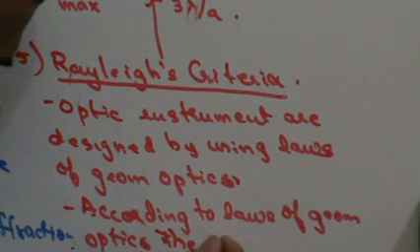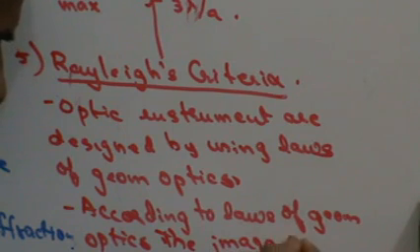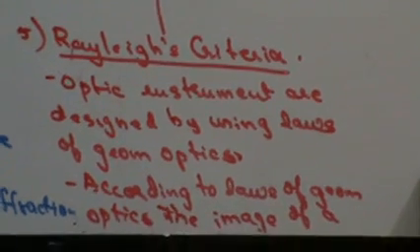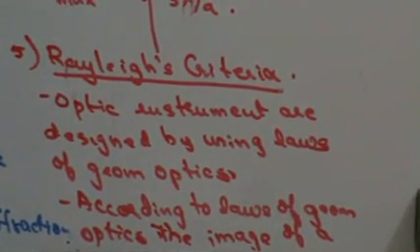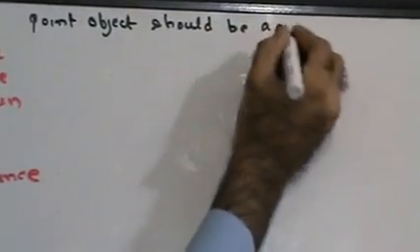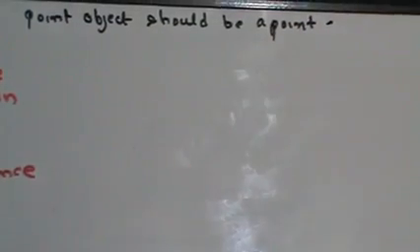The image of a point object should be a point, right?